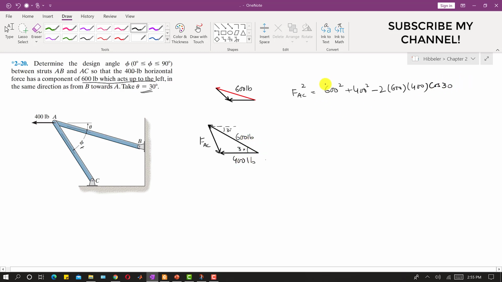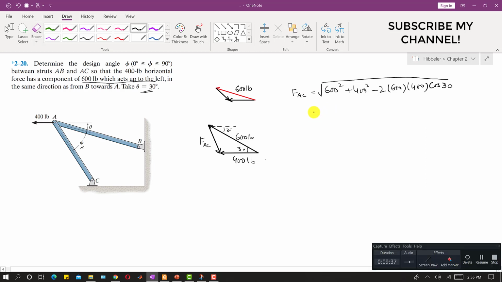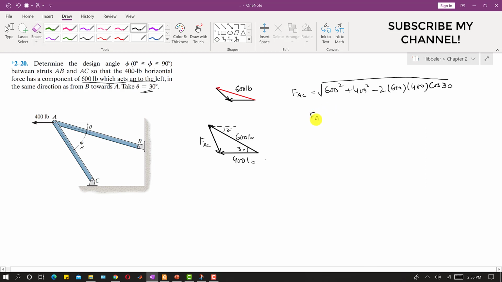And if we take the square root, this will give us the component magnitude. So this comes out to be 322.96 pounds, or we can say that it is approximately 323 pounds. So now we know the magnitude of this FAC component, which is 323 pounds.